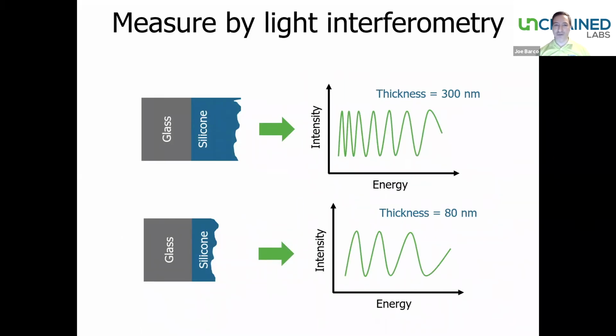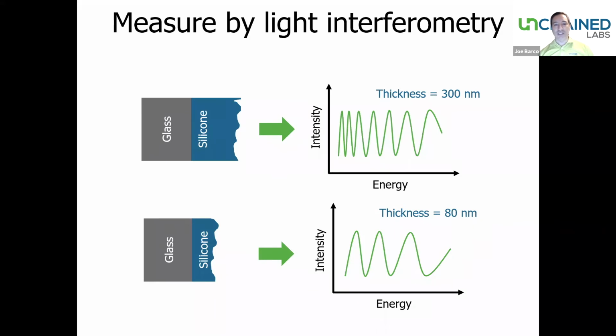It uses a concept called interferometry, which you see every day when you look at something and you can see a color from it. You shine a light on a surface, it hits that surface, some of the light is absorbed, some of it is reflected back. In this case, we can use that information to look at how it's reflecting back off of glass, which has a certain refractive index, and then how it's reflecting back off silicone, which has a different refractive index.